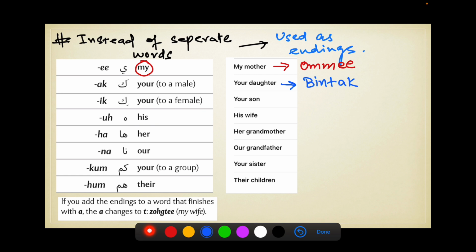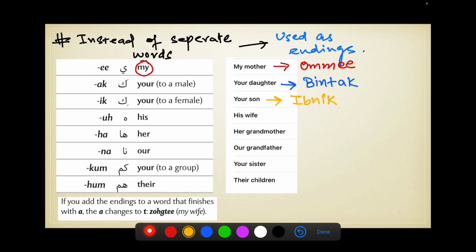Bintak means your daughter. Bint is daughter, and by adding ak, it will become your daughter. And now, if you're talking to a female and you have to say your son, you will say ibn and add ik. So it will become your son, ibnik.